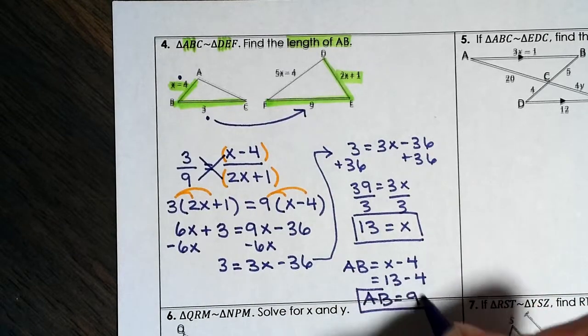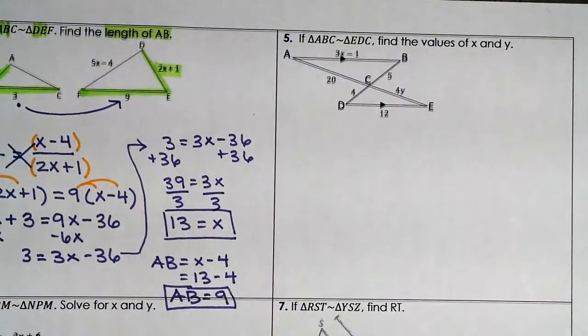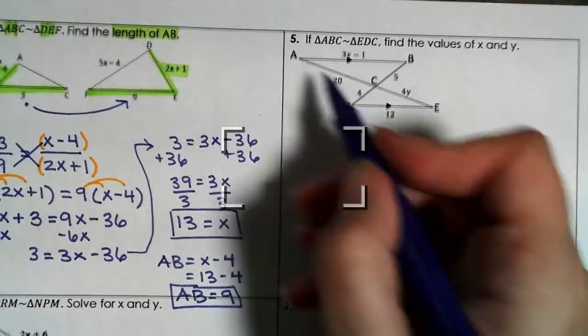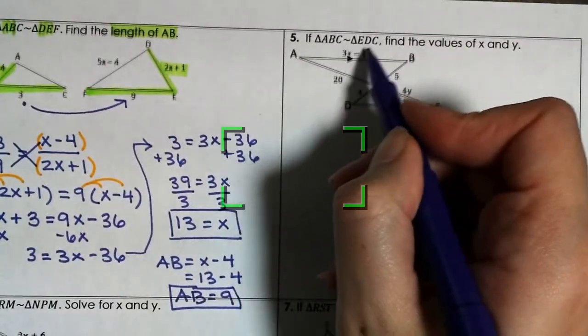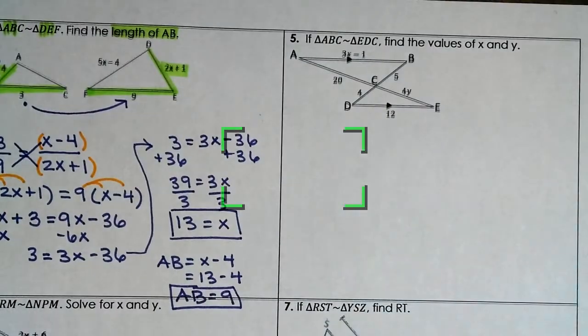All right, let's look at our next one, number 5. If triangle ABC is similar to triangle EDC, find the values of x and y.